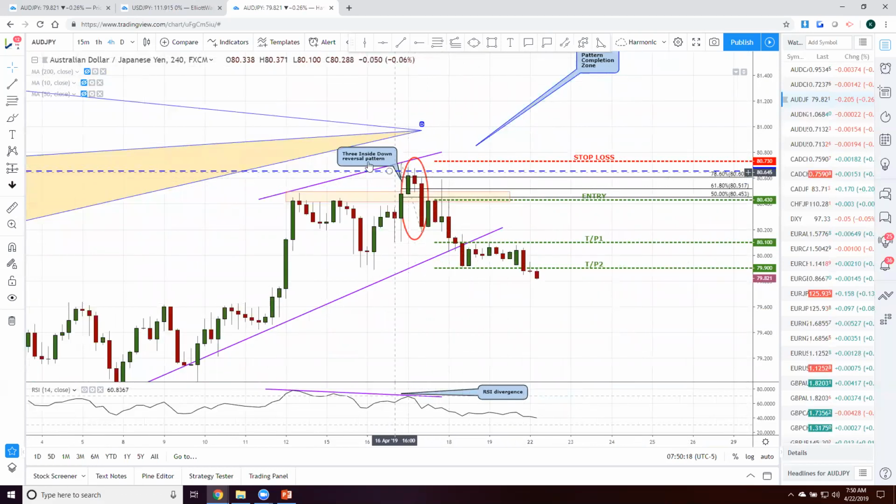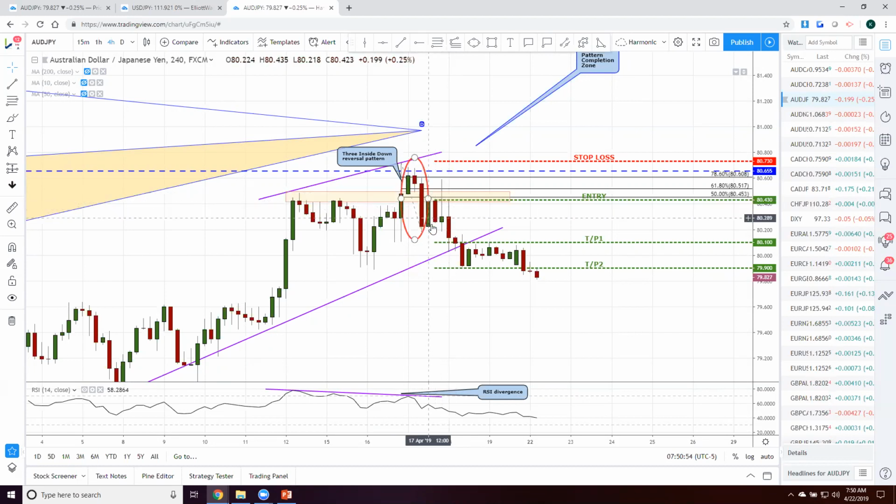We ended up seeing a three inside down reversal pattern print, which is a bullish candle, and then a smaller bearish rejection candle that ends roughly midway through the previous candle, and then a big bearish candle that closes below that last bullish candle. That's a trend reversal, a three-candle move that signals a reversing pattern.